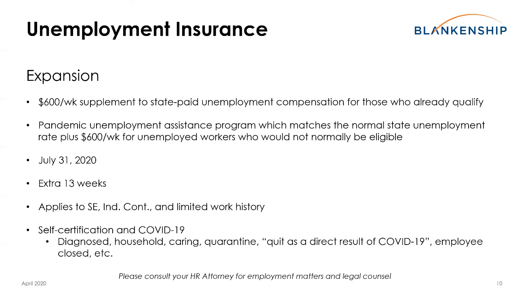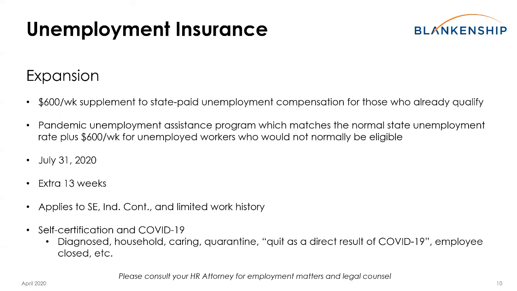It's through July 31st, 2020, and there's an extra 13 weeks, bringing that total maximum up to 39 weeks. Another expansion is that it does apply to self-employed individuals, independent contractors, and those with limited work history who normally would have either not qualified or qualification would have been different under your typical unemployment insurance rules. And then the last item there, self-certification in COVID-19.